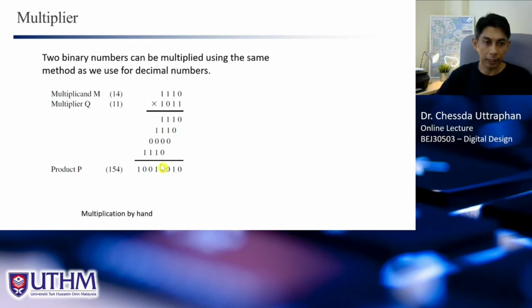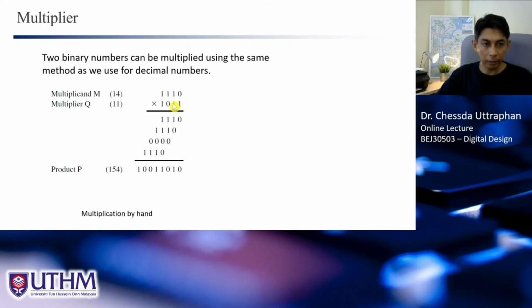So this is an example of multiplying numbers in binary. Yeah, we learned this already in digital electronics. So for example, this is 14, unsigned number, and this is 11, unsigned number. We multiply. So 0 multiplied by 1, we have 0. 1 multiplied by 1, we have 1, and 1, we have 1. So every bit, if you multiply by 1, you will get that same bit.